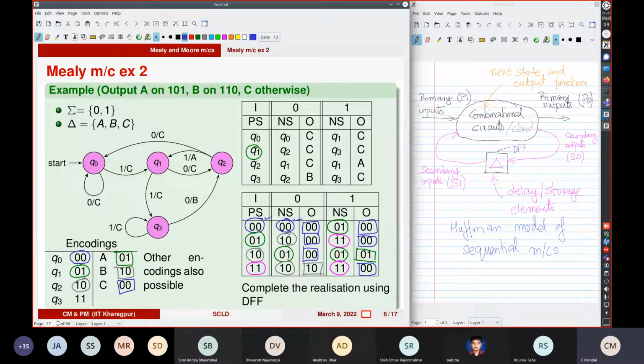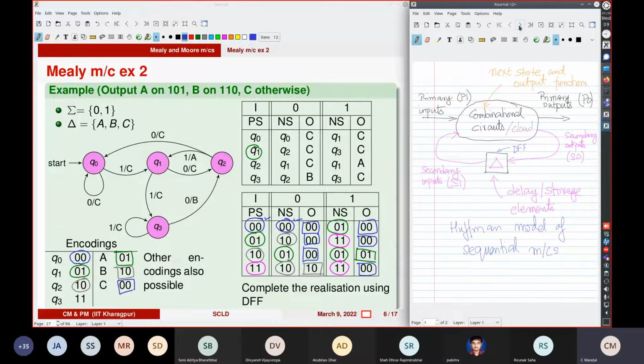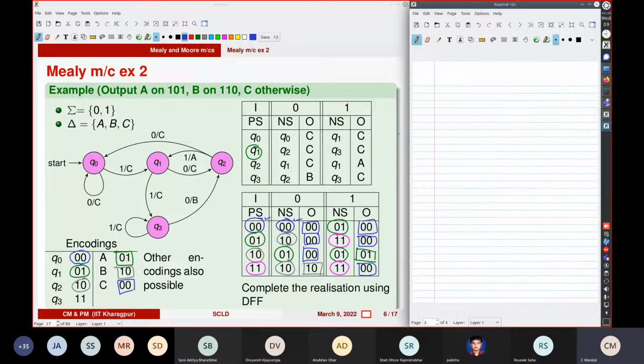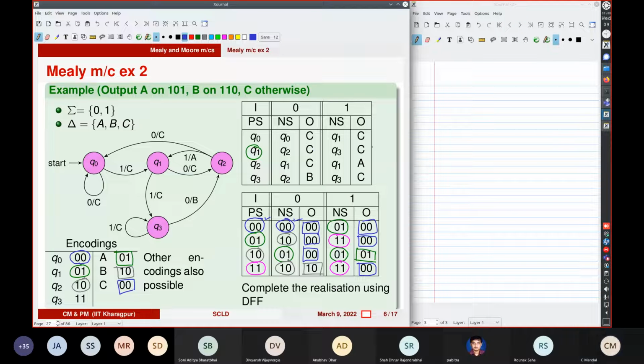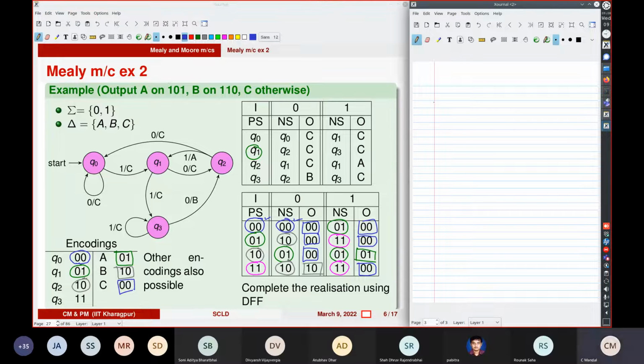So now you see, when you have these encodings, you can construct the present state and the next state functions. So what about the next state function? Let us see how the next state function looks. Let us say the present states are 0, 0, 0, 1, 1, 0, 1, 1.